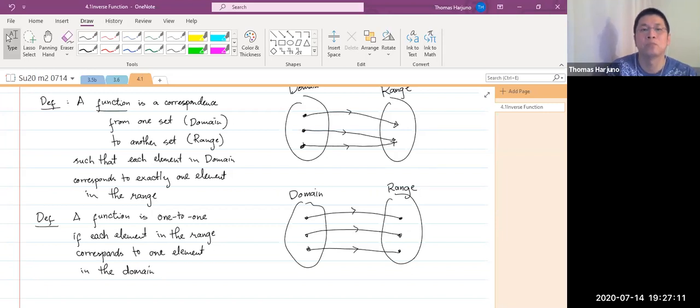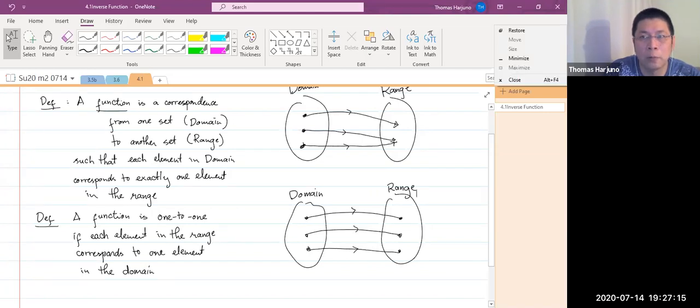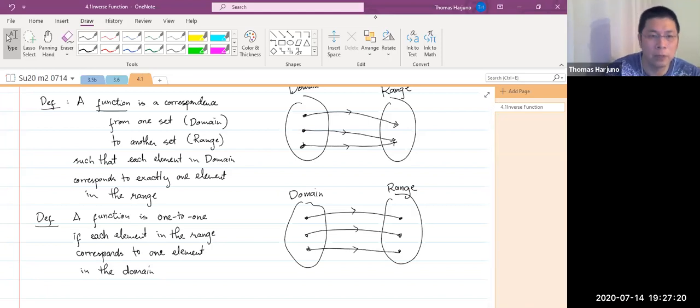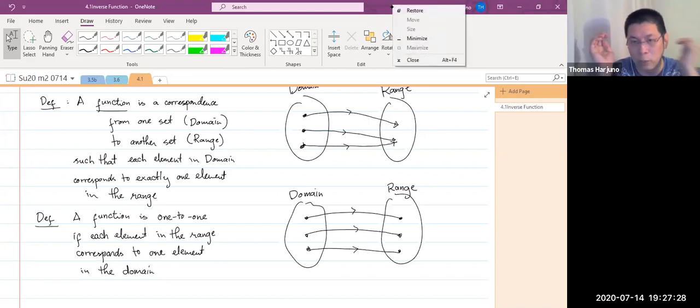Okay, that's a one-to-one function. So for each element in the domain, it corresponds to one element in the range, and each element in the range corresponds to one element in the domain. That's what we call one-to-one.